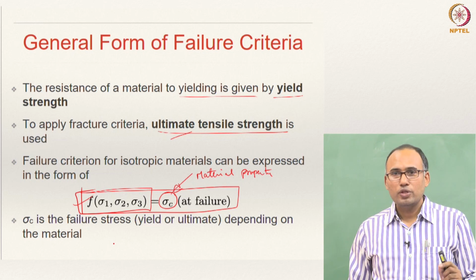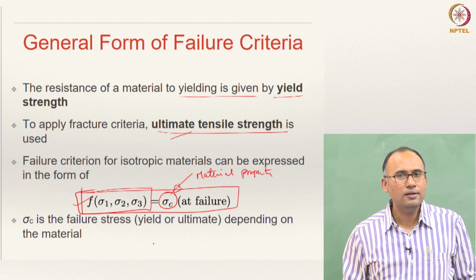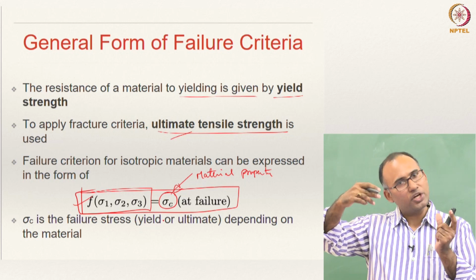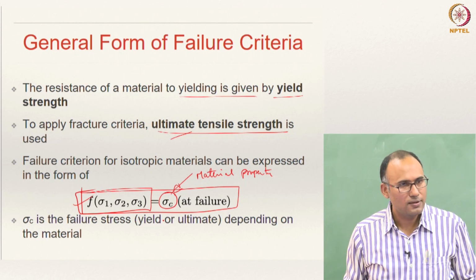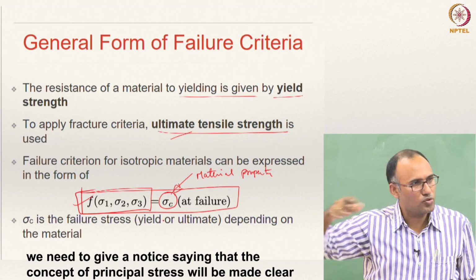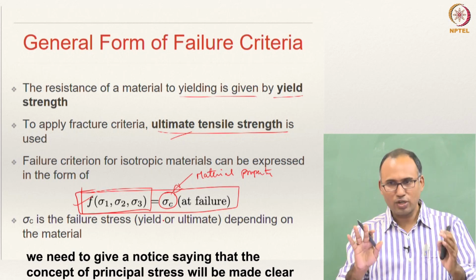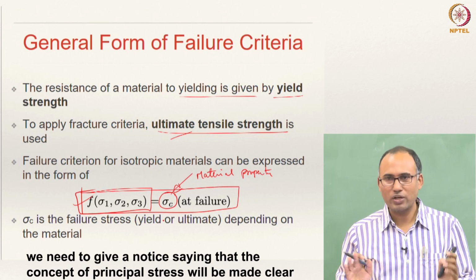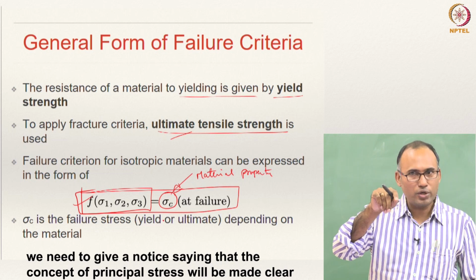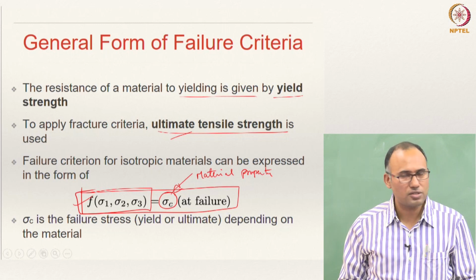So, if you know the stress state at a point in a material, then you can always find out a frame of reference which is oriented along the principal axes, such that in that frame your shear stresses will be 0, you will only have normal stresses. We will talk about it in a moment. If you did not understand whatever I have said just now, do not worry, we will talk about it in a moment. But you can express the stress state at a point, and then you can also find out the principal stresses. That means in a particular orientation.